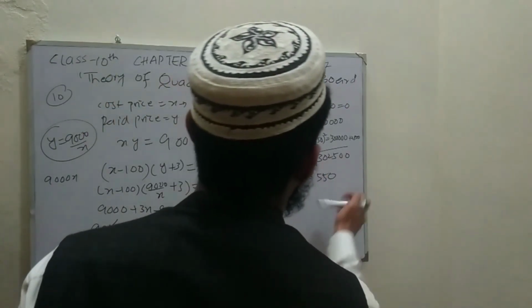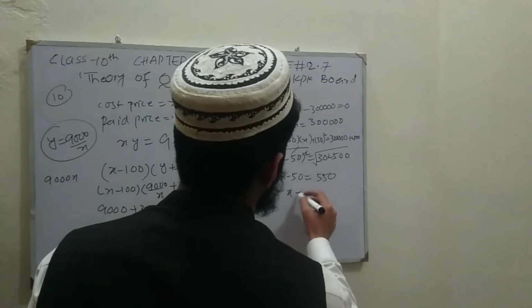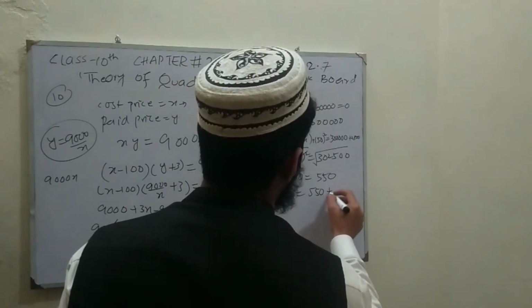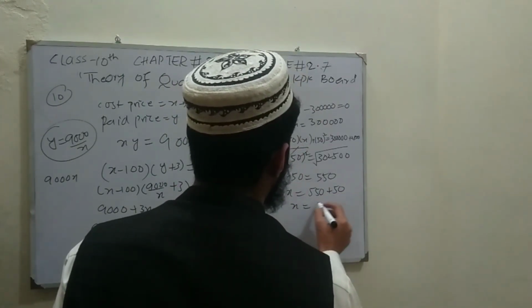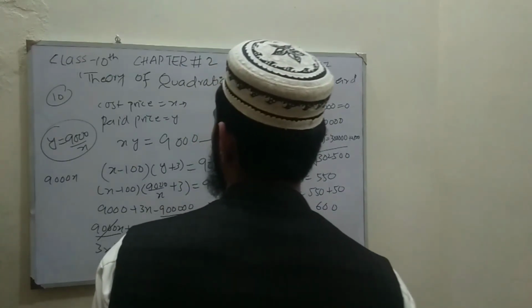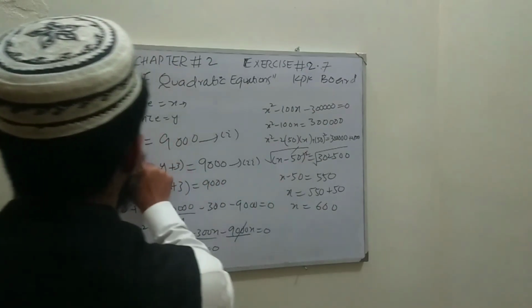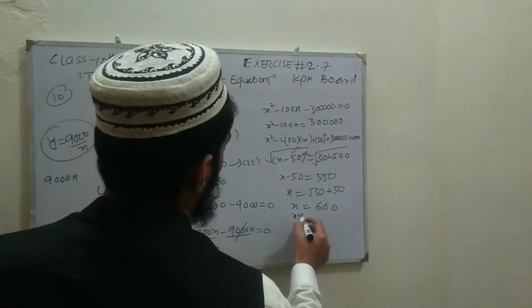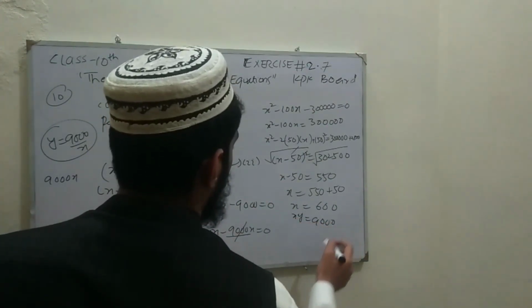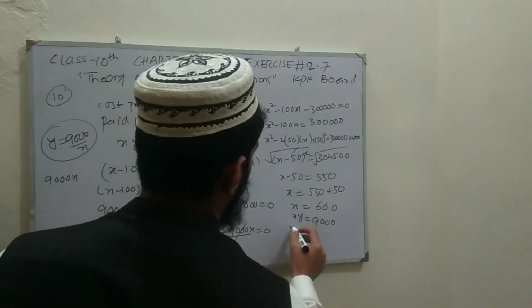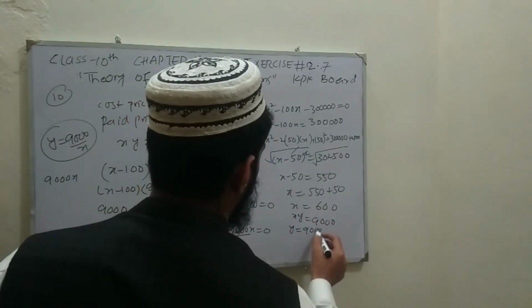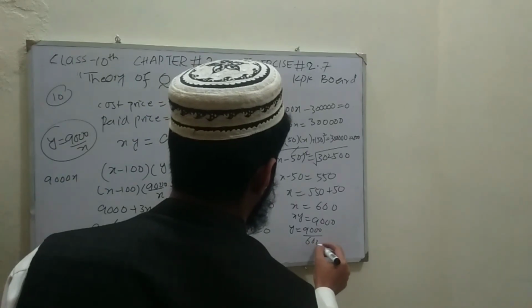Shift minus 50 to the right-hand side, it becomes x is equal to 550 plus 50. It gives us x is equal to 600. Now put the value of x equal to 600 in this equation. So xy is equal to 9,000. Put x equal to 600, so y is equal to 9,000 divided by 600.